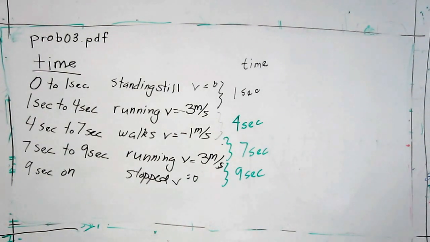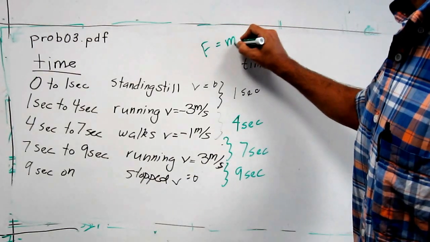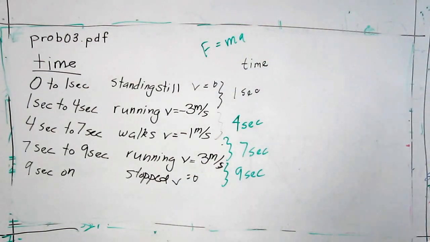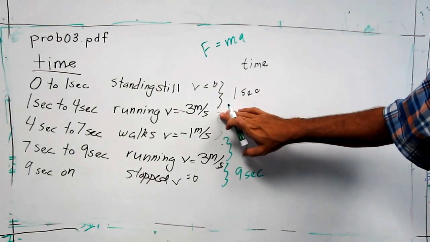If you had a cart, this would be where you have to push the cart, apply a force either in the positive x direction or the negative x direction. Now, the cart is actually not a bad analogy here, because if you remember F equals ma, you can think about this. If you were doing a cart, what kind of a force would you need to do to get it going in the negative x direction?